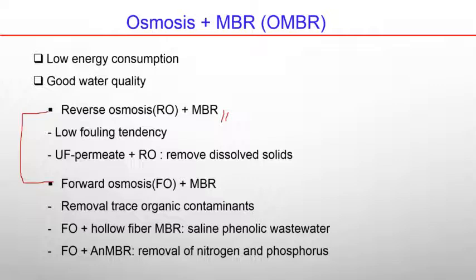Since it is operating at a very low hydraulic pressure, it has a low fouling tendency. When the reverse osmosis process is combined with a UF permeate, it can successfully remove 92% of total dissolved solids.